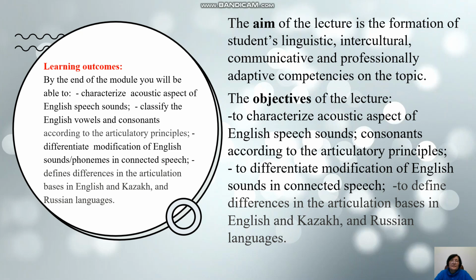Learning outcomes. By the end of the module, you will be able to characterize the acoustic aspect of English speech sounds, classify the English vowels and consonants according to the articulatory principles, differentiate modification of English sounds or phonemes in connected speech, and define differences in the articulation basis in English and Kazakh and Russian languages.